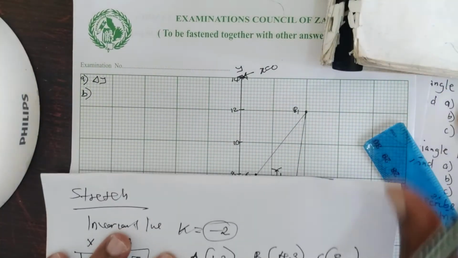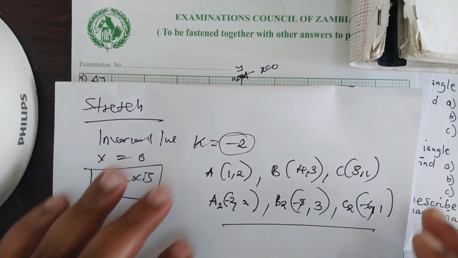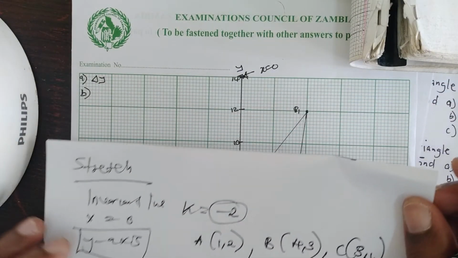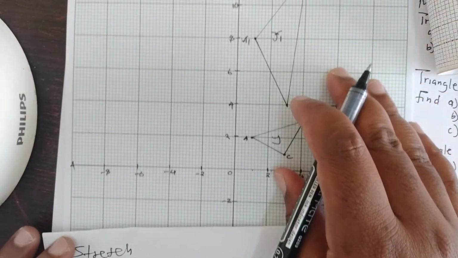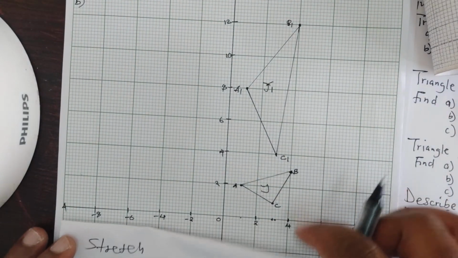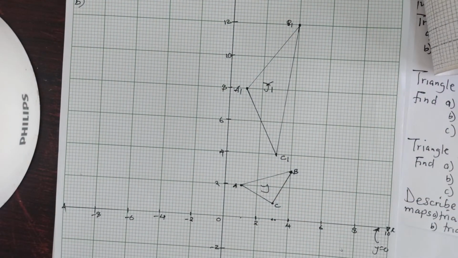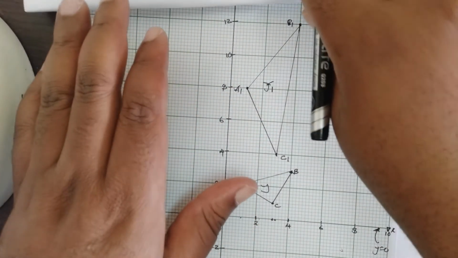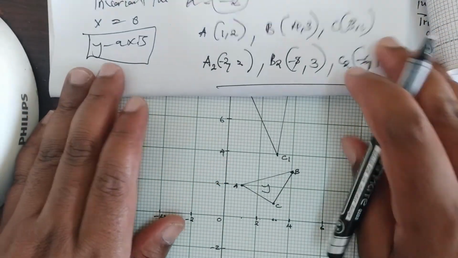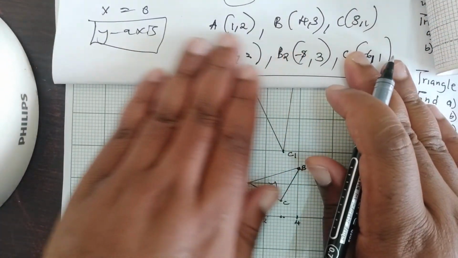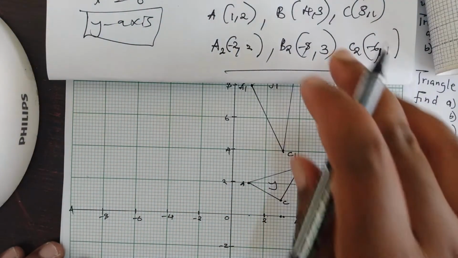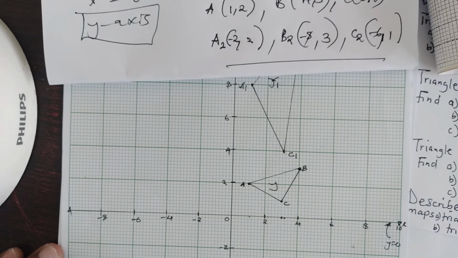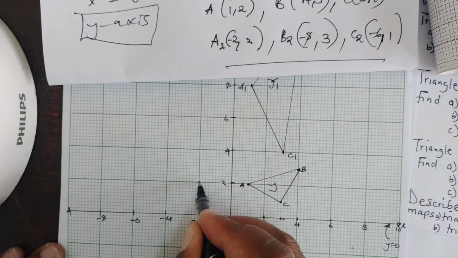So we plot using these. Negative 2 comma 2, which is this one.